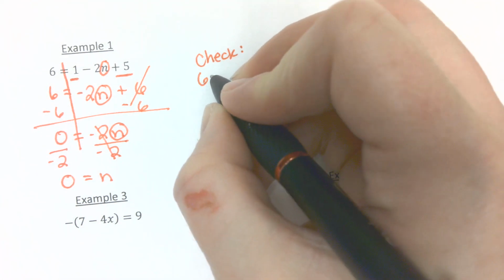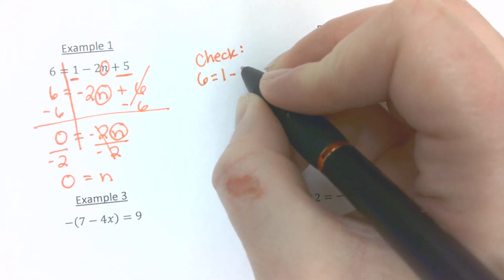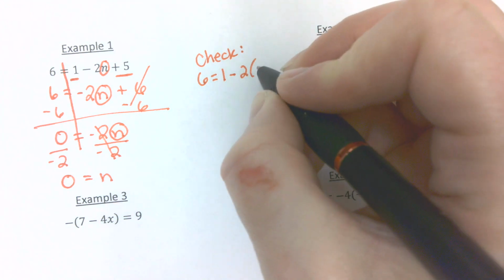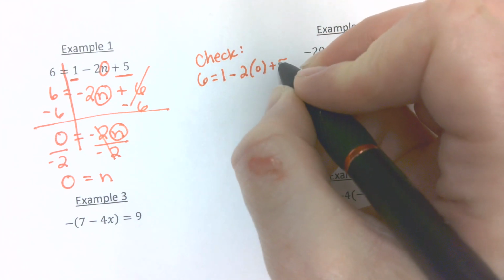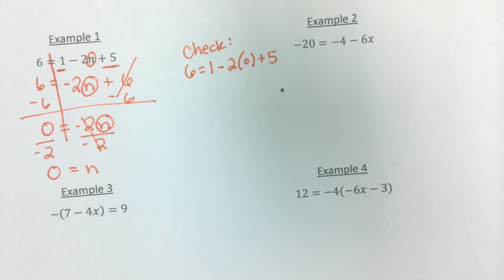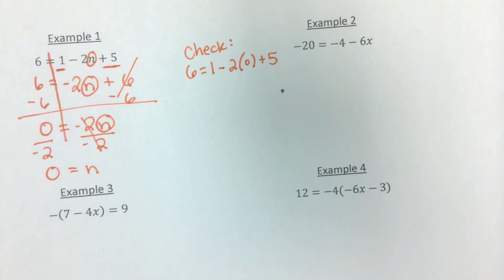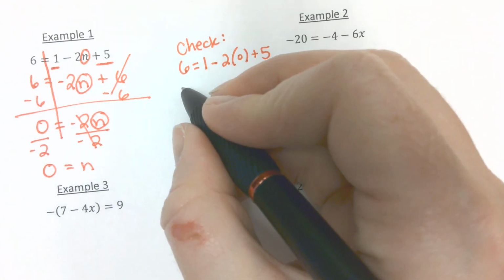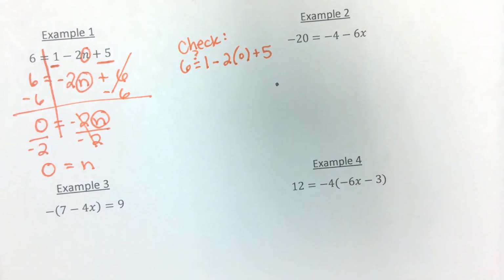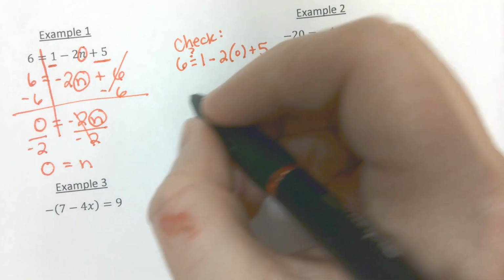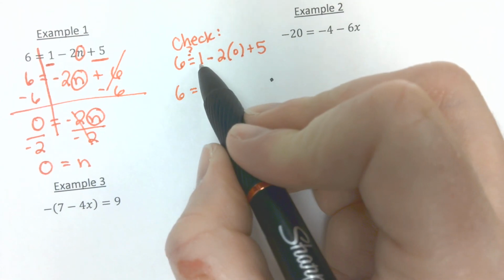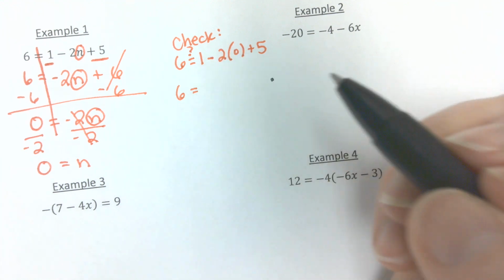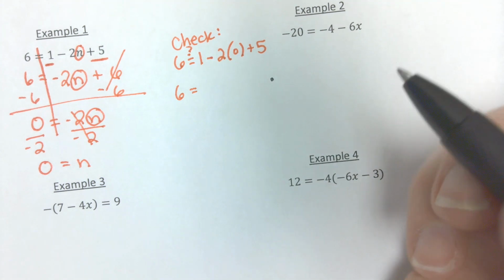So 6 equals 1 minus 2 times n, well n is 0, plus 5. And we have a question mark because we don't know if that's true or not. So it's 6 equals, well, let's find what's 2 times 0? 0.